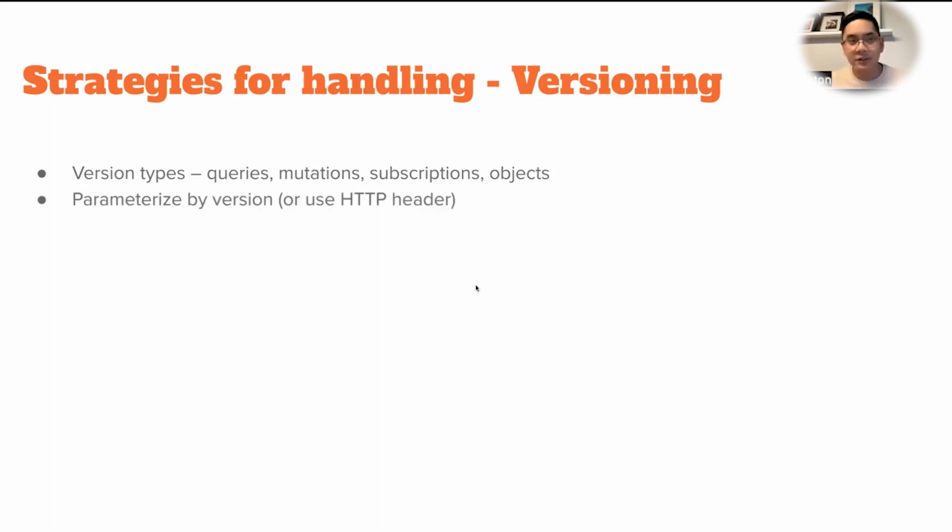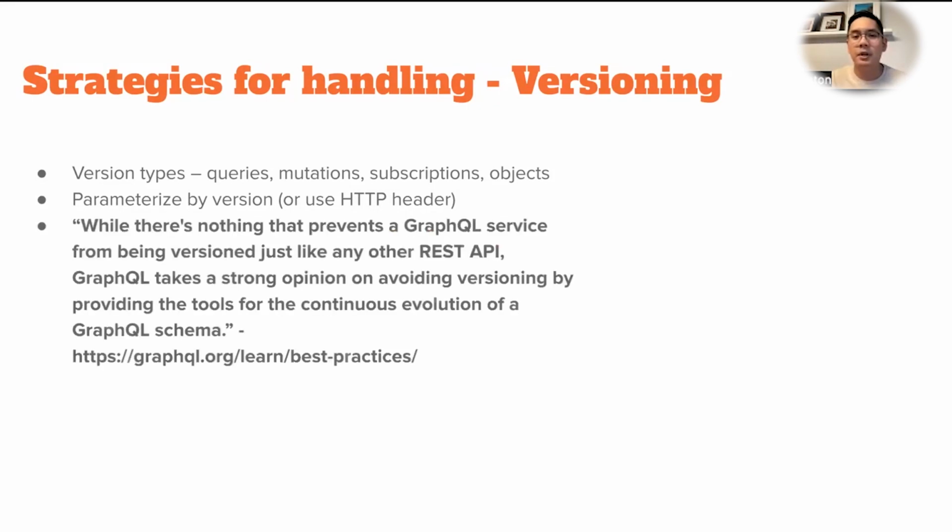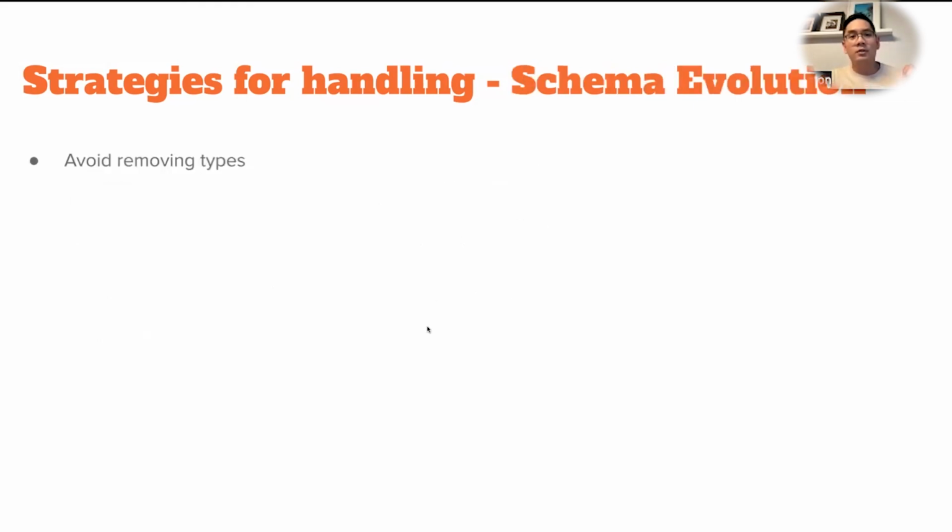Another strategy is to parameterize by that version. You could use another argument or signal with an HTTP header. But interestingly, the GraphQL team doesn't really recommend this. The more idiomatic way to handle backwards compatibility is actually to make your API versionless. That's very interesting, and this is the approach that we ended up taking.